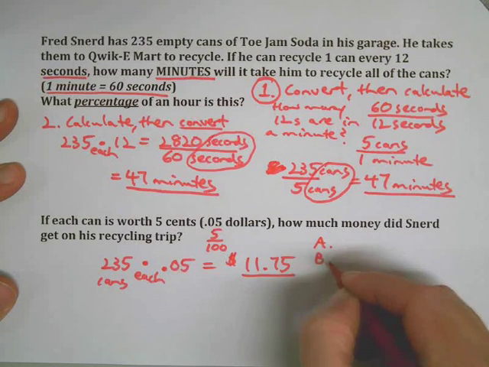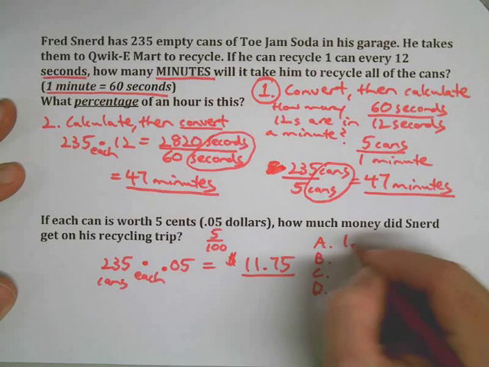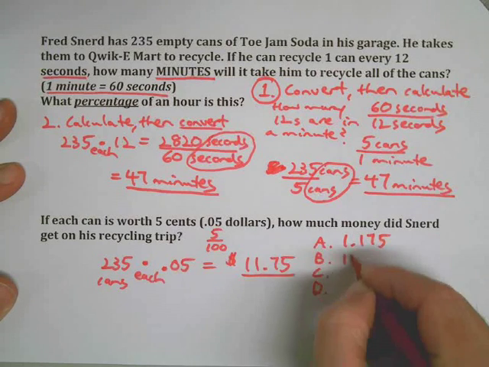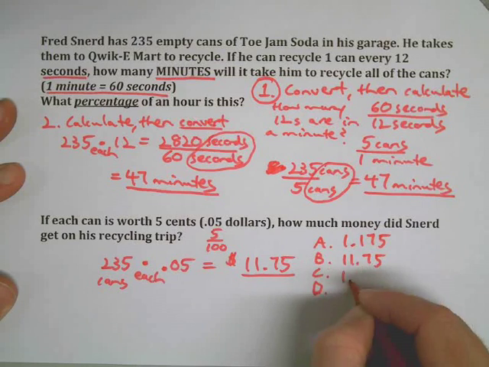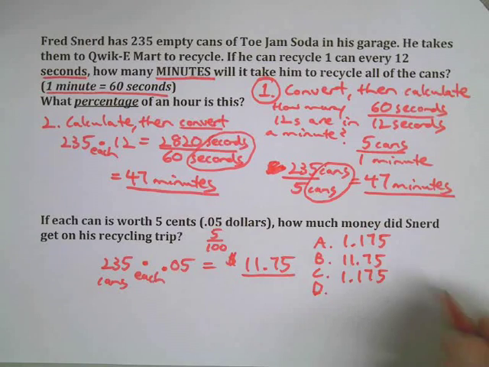Something to watch out for on these types of money problems, though. Let's imagine you're taking your Oaks test and you have 4 choices for this. Each choice just has the decimal place in a different spot.